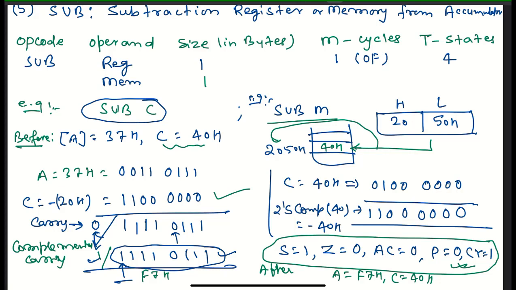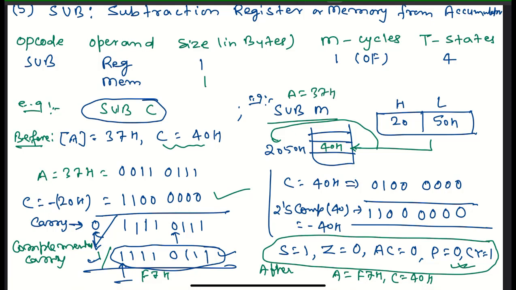That is called the second machine cycle here, and after taking this value, it will not change anything at 2050H. It will just pass that 40H inside the processor. So that 40H will be subtracted from the content of the accumulator, which I had taken as 37H. So A is 37H.